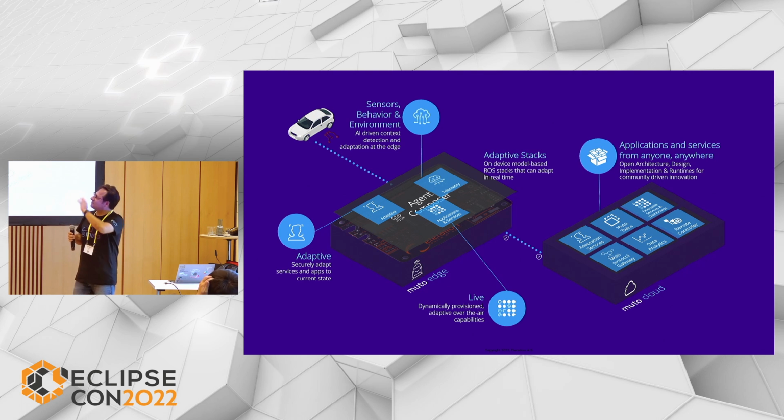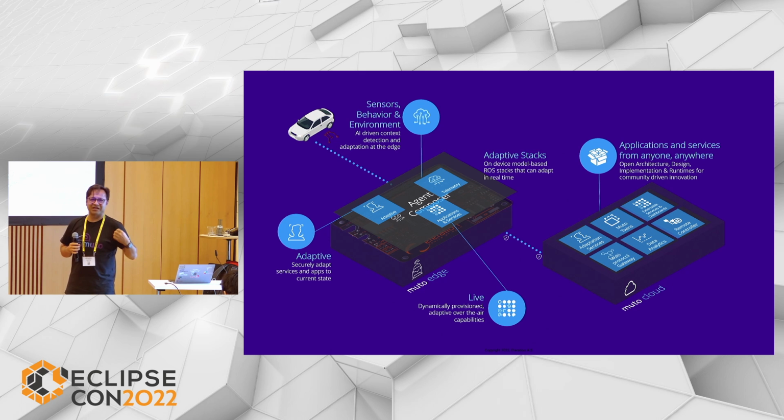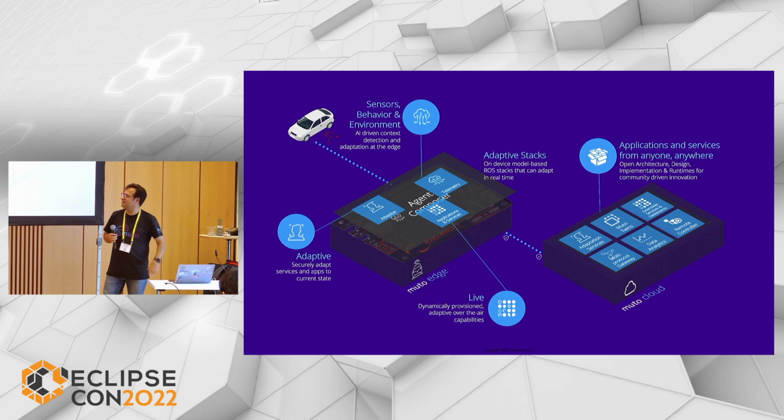So, basically, this is a very high-level diagram that we use to describe what components there are in Muto. There are pieces that run on the device. They require ROS to be present. So these are the components we call agent, which is basically an edge gateway, and the composer, which does this adaptive orchestration using ROS concepts.